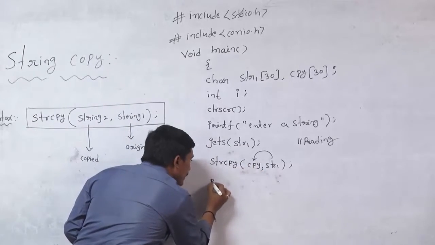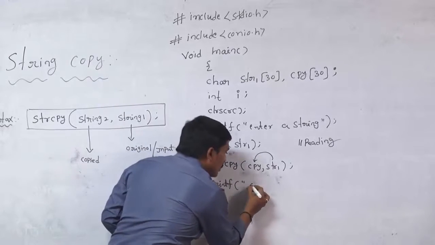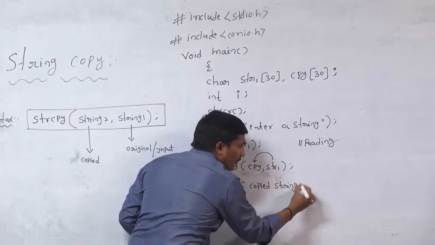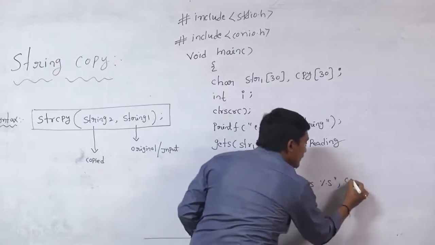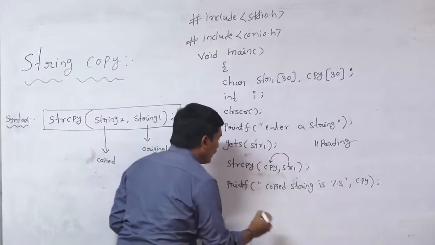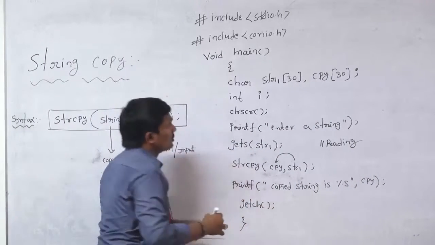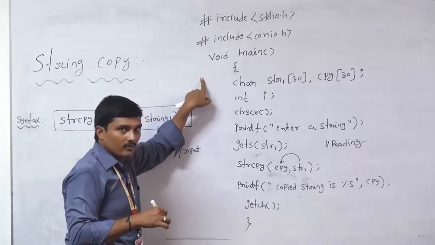Your job is to display what? cpy. printf, copied string is %s. What is the string name? cpy. Over. Then add which function? getch. So what else do we have to add? One more header file.